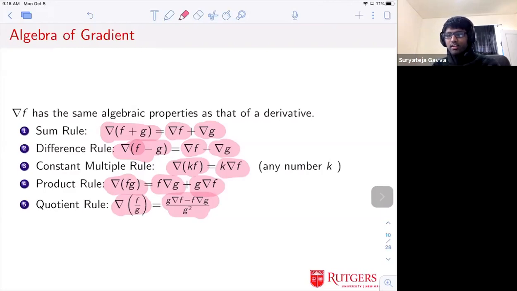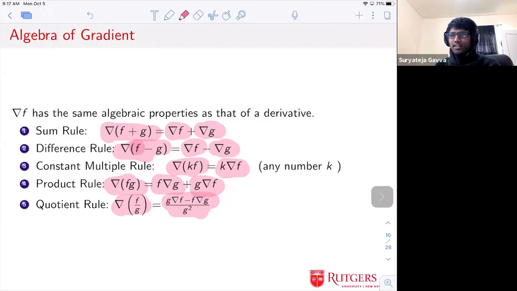When you're doing any algebraic manipulations with this vector, the gradient of f, it's exactly similar to the algebra that you would do with derivatives. For manipulating any algebraic stuff, the gradient is exactly like a derivative.